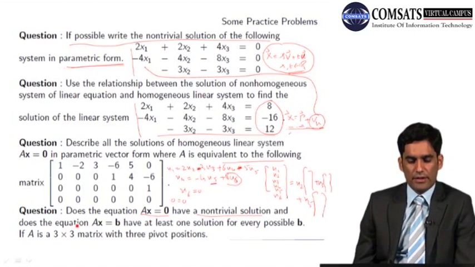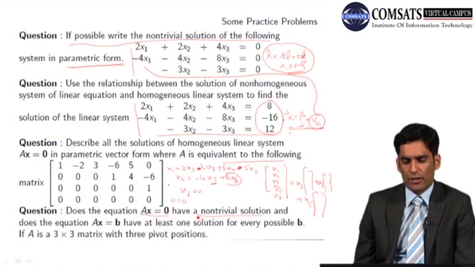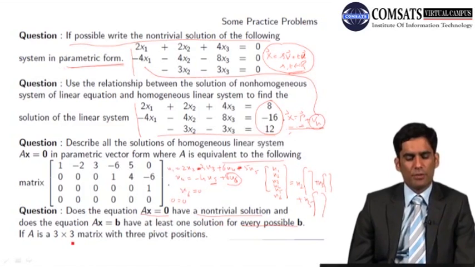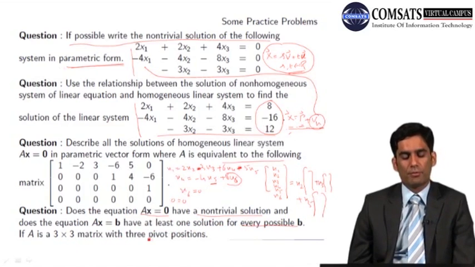And does the equation Ax equals b have at least one solution for every possible b if A is a 3x3 matrix with 3 pivot positions?